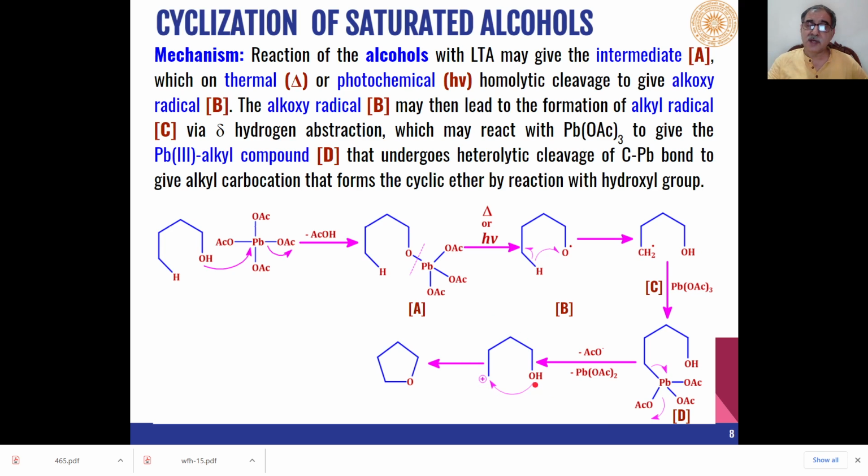And then this carbocation will undergo cyclization to give us tetrahydropyran as the product. So this is how saturated alcohols react with lead tetraacetate to give us cyclic compounds, or tetrahydropyran in this particular case.